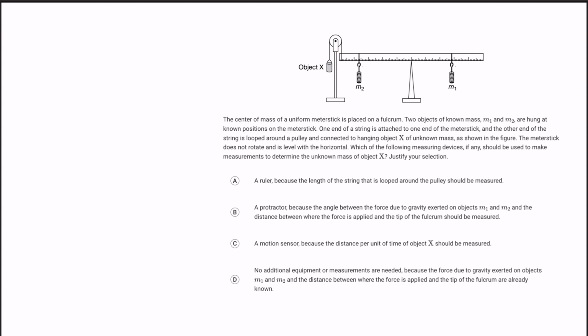Now, what I see is that we know that the net torque is 0. Here, let me get my pen. We know that the net torque is equal to 0 Newton meters. And so that's going to be equal to, and we have to make a decision here, which of these masses is generating torque in the clockwise direction versus which of these masses is generating torque in the counterclockwise direction. Because this mass is clearly generating torque clockwise.